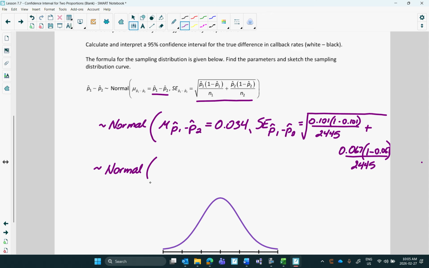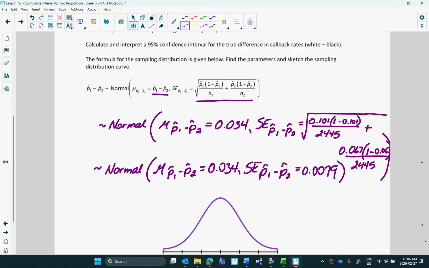So therefore, I got this is 0.034, and when we do this whole calculation, it works out to approximately 0.0079.